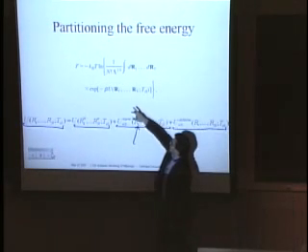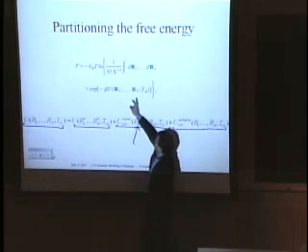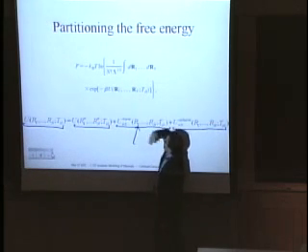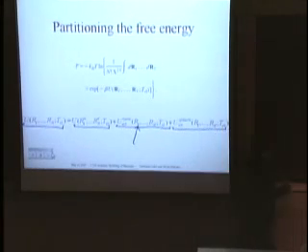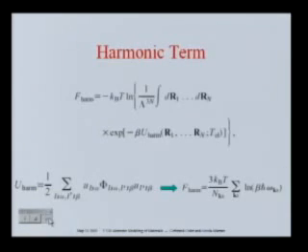Because you have a logarithm of an exponential, if you break this out into a sum of different terms, all the terms contribute separate free energy pieces to your overall system.